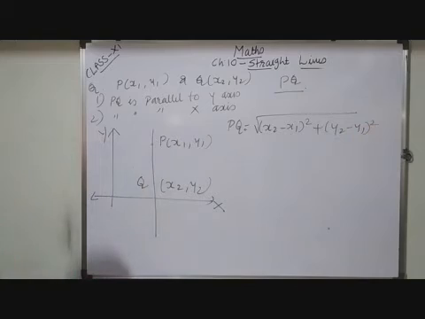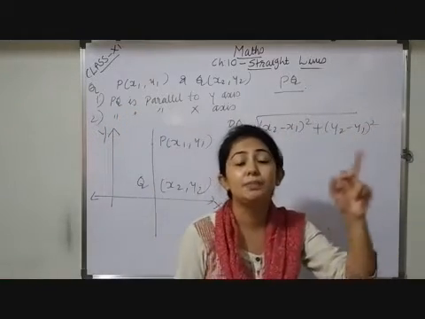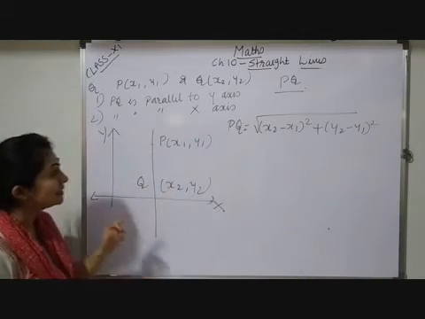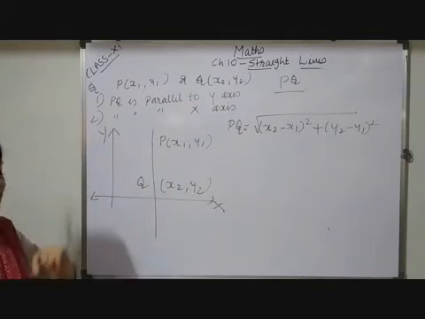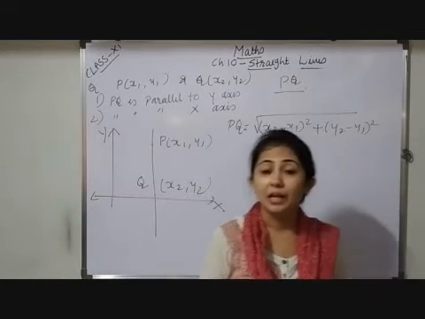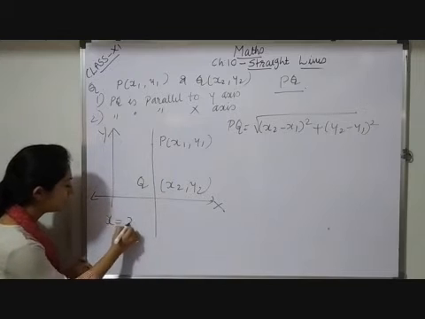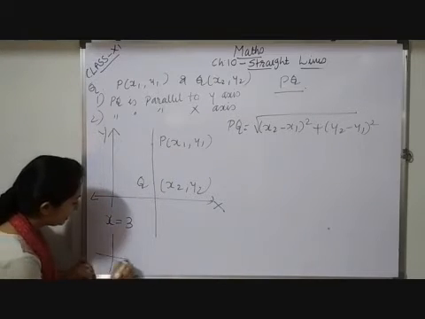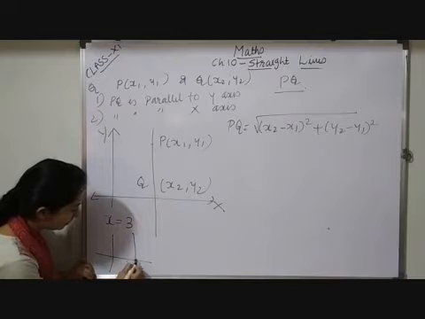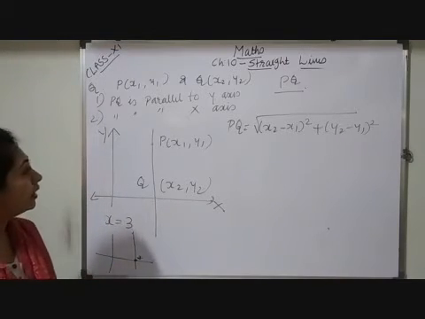Now one more thing. Here, PQ is parallel to the y-axis. In 9th standard, in the third chapter, linear equations in two variables, in the third exercise you have studied that if I have x equal to 3, I will get a line parallel to the y-axis, but the x value will be 3 everywhere. The distance will be constant.